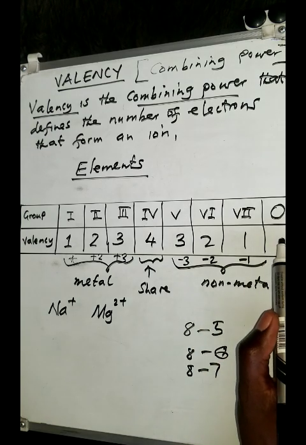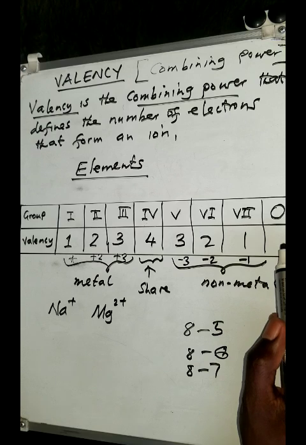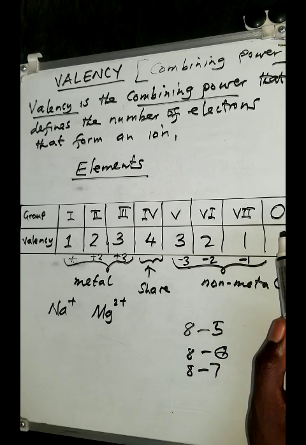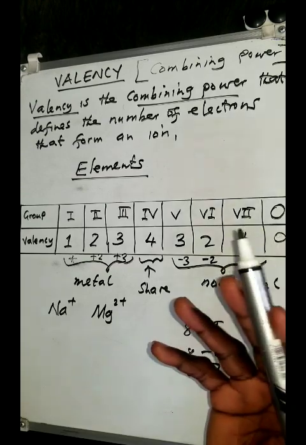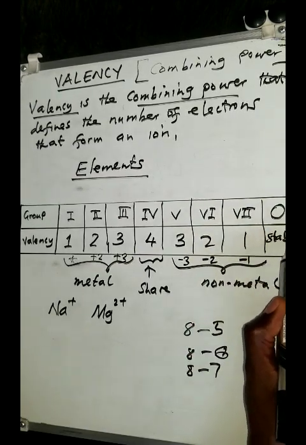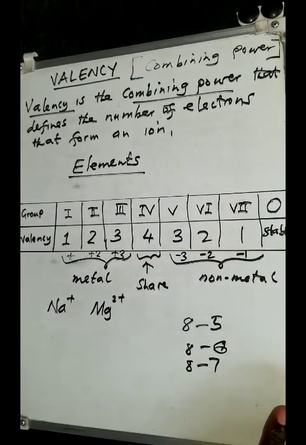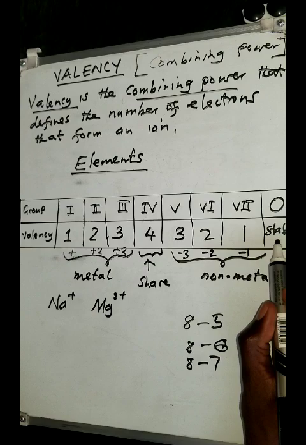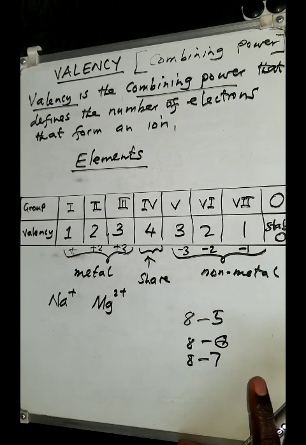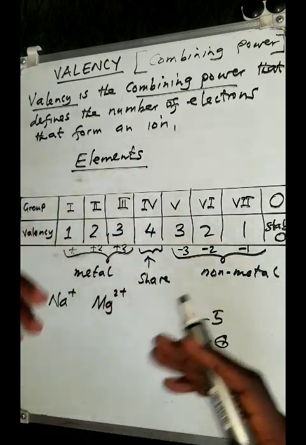For those found in group 0, what do you think the valence will be? We can simply say it is 0. In other words, these are already stable, so we don't actually assign their valency, but if you want, we can say their valency is 0. You need this in order to write chemical formulas.